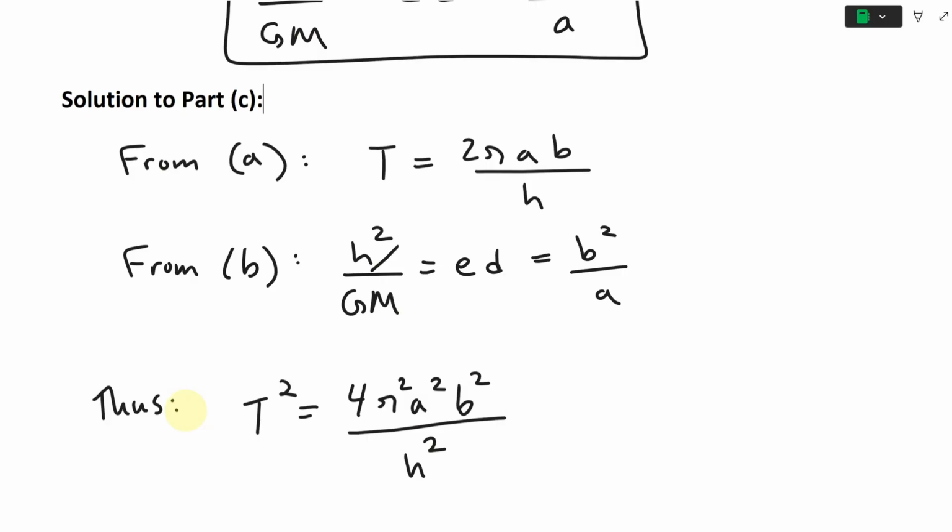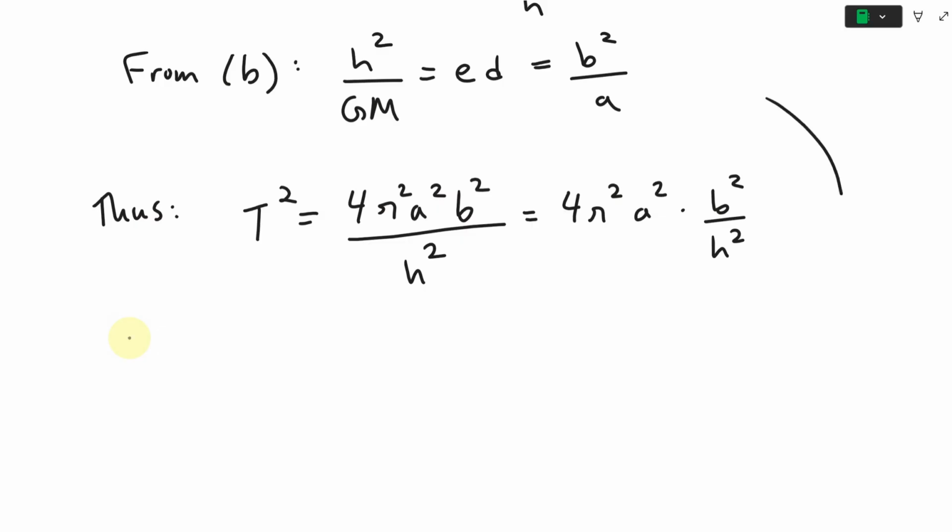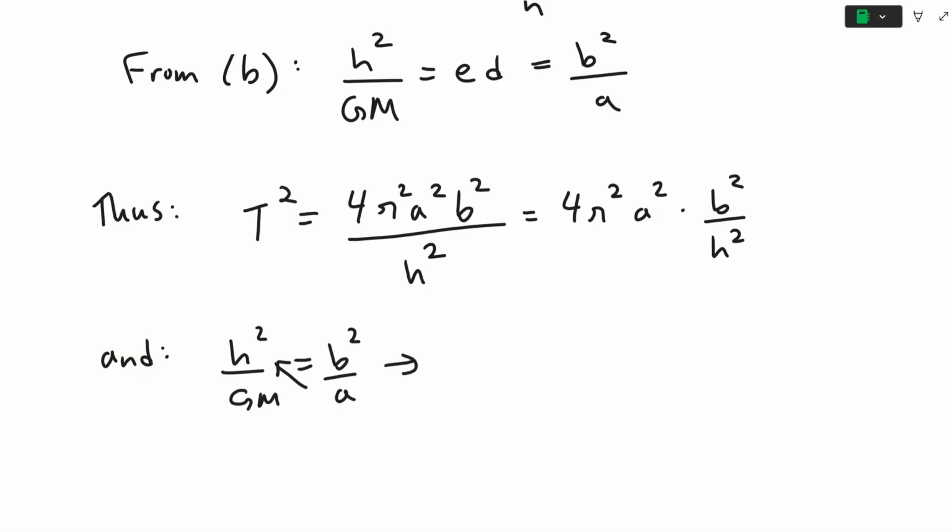I'll write here just for completeness and ease of use. This is A squared times B squared over H squared. And we also have H squared over GM equals B squared over A. Then we move this around, move this down, and move this one up.